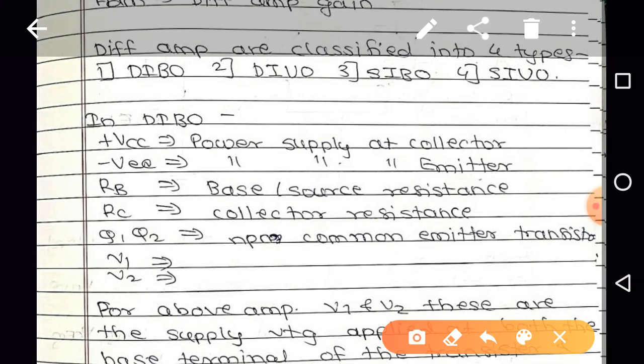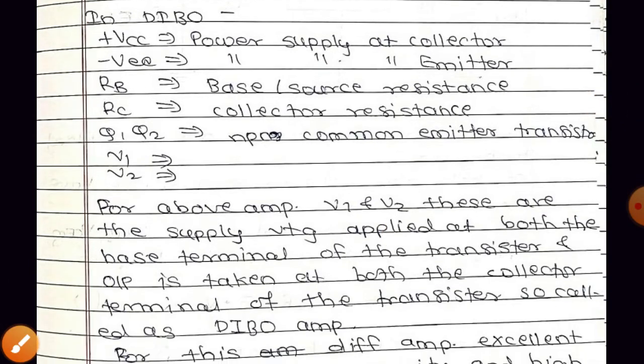See here, in dual input balanced output differential amplifier, plus VCC power supply at collector, minus V power supply at emitter, RB is a base or source resistor, RC is a collector resistor, Q1 Q2 are the NPN transistors, V1 and V2 are the voltages applied at base terminal of the transistor.